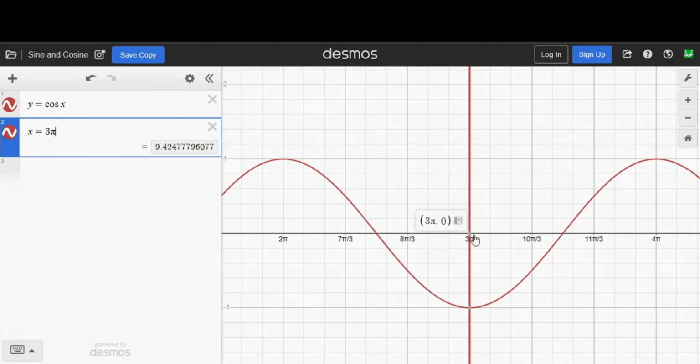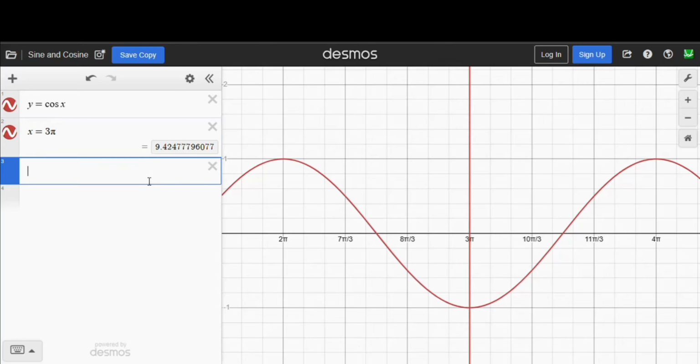Three pi is where it should be on the x-axis. On the wave, y equals -1 also checks out. Let's do one more. Since 1 period equals 2 pi, the next period is, drum roll please, 4 pi.